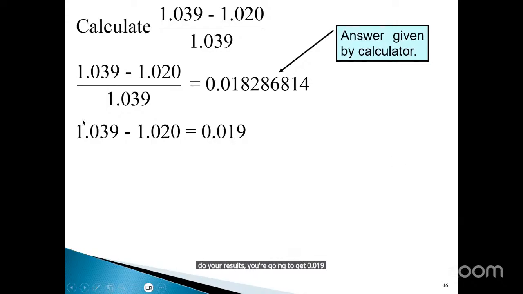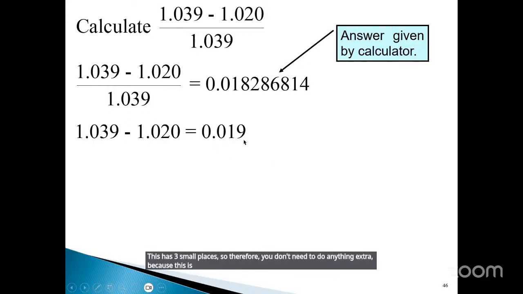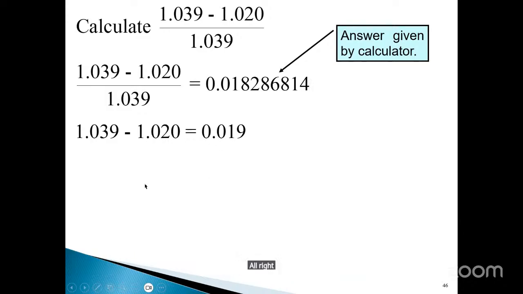Now, this has 3 decimal places, this has 3 decimal places, this has 3 decimal places. So therefore, you don't need to do anything extra because this is rounded off to the lowest number of decimal places involved. All right? So that takes care of the numerator part of this fraction right here.